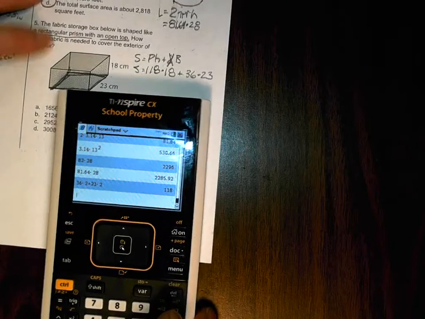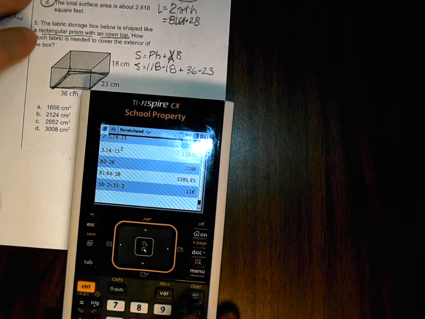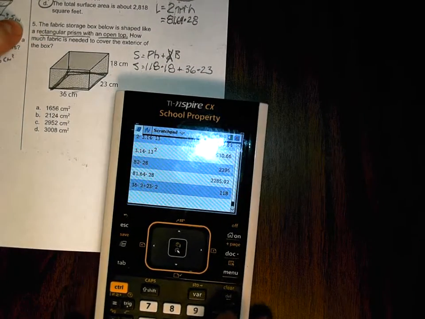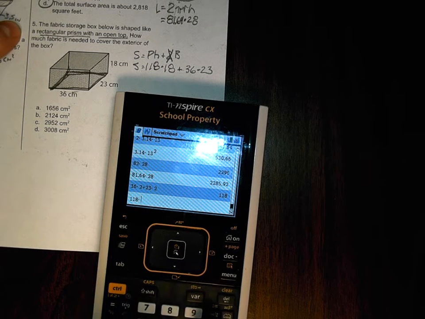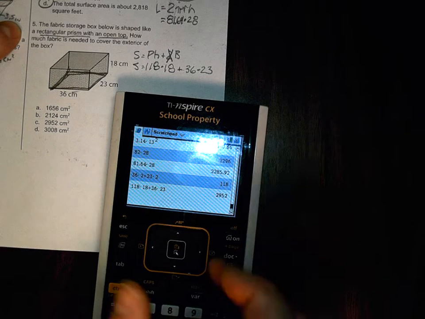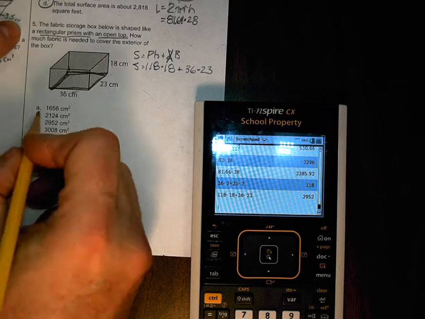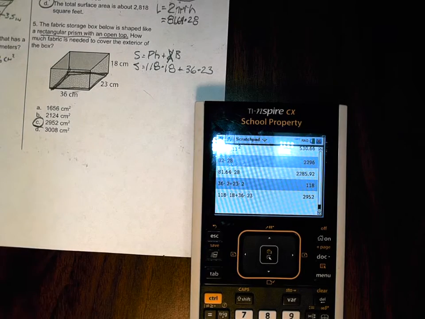I see a lot of you doing it one thing at a time. You don't have to. So I get 118 times 18 plus 36 times 23. And I get 2952, which just happens to match number C perfectly. Life's pretty good. Let's flip this over and do the next questions.